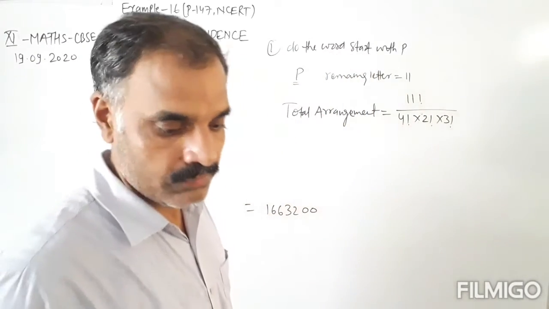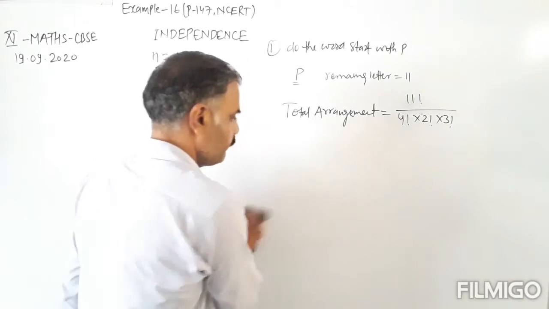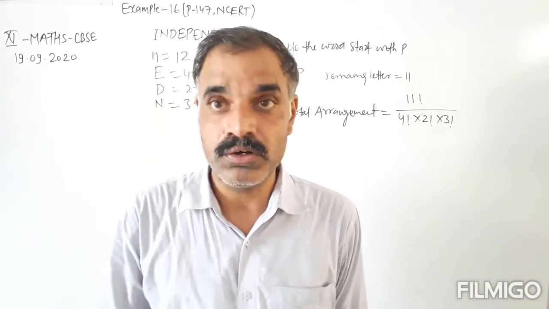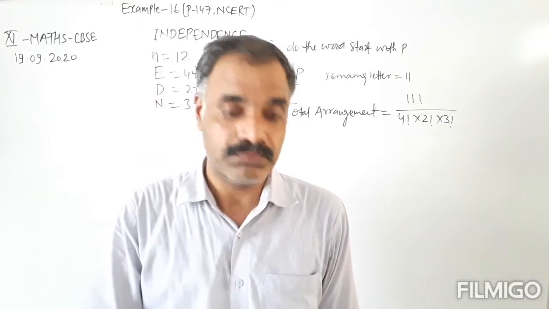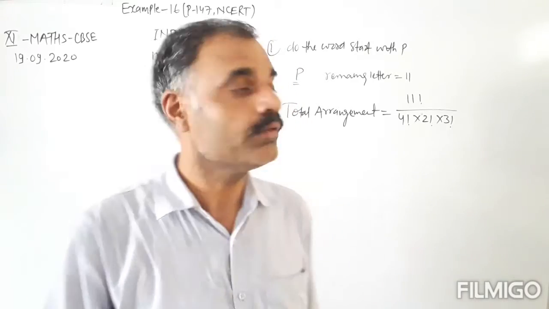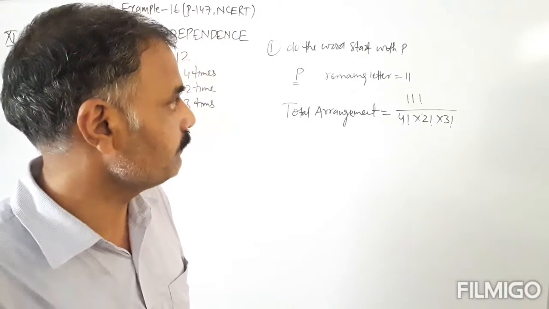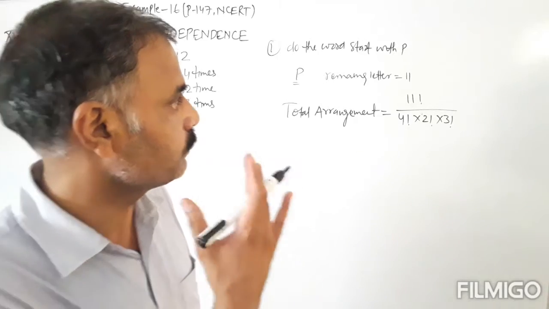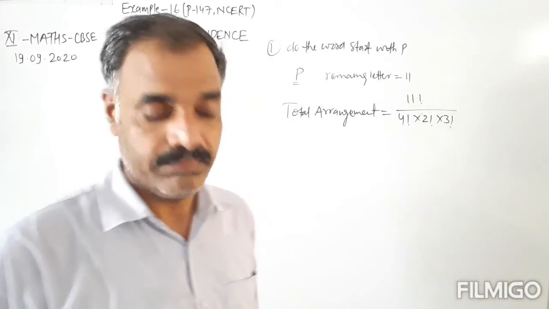So it is 11 factorial upon 4 factorial into 2 factorial into 3 factorial.